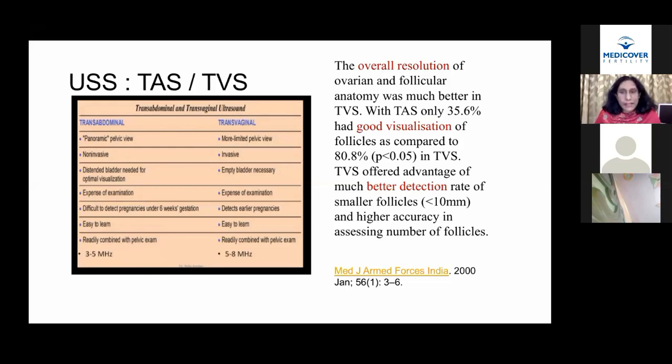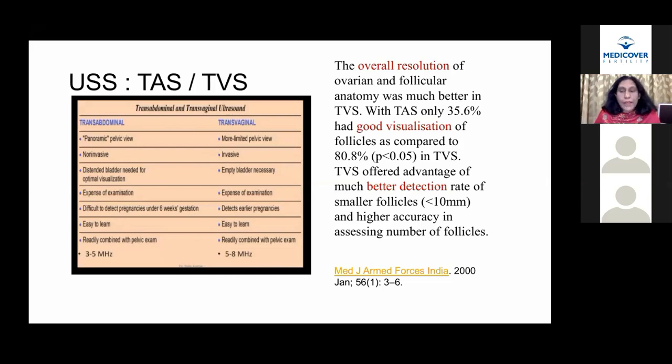This has a different kind of probe which is very close to the pelvic organs like uterus and the ovaries, and it gives a better resolution and good visualization.